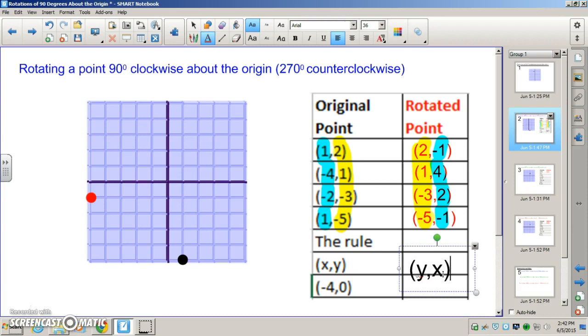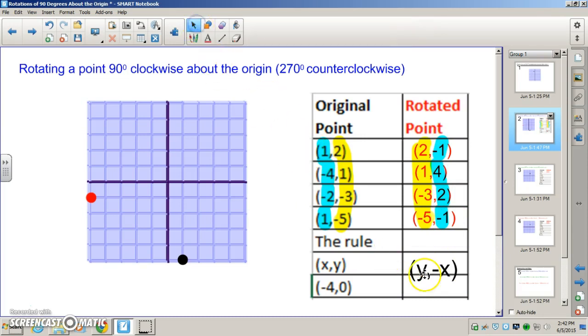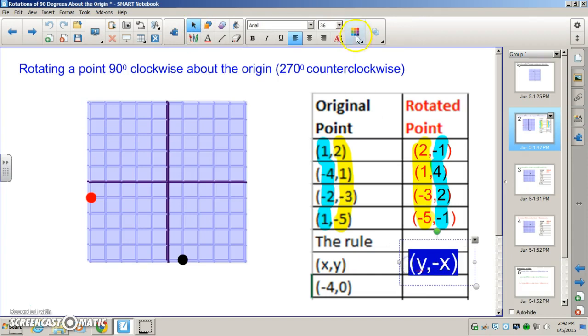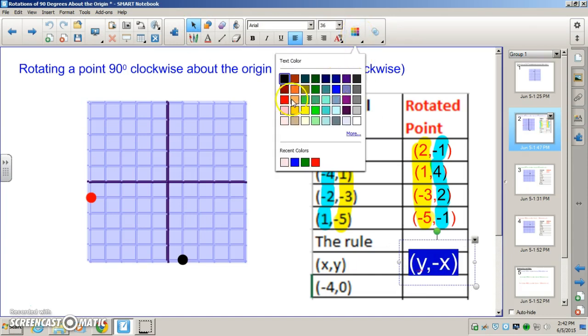What I'm saying is it went blue, yellow, and then it goes to yellow, blue. So the order switches, but there's one caveat: the blue becomes a negative version of itself. That does not mean this coordinate is negative. It means it's switched. Again, that does not mean that this point is negative.